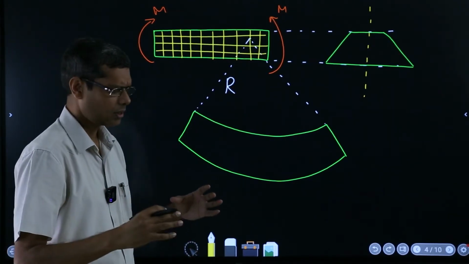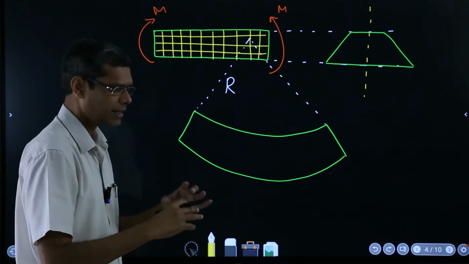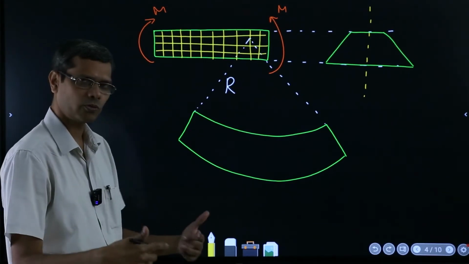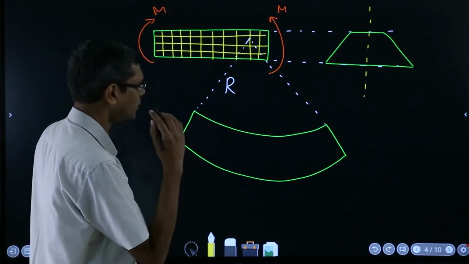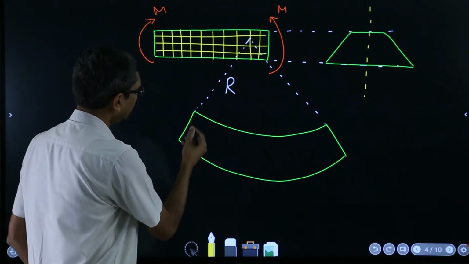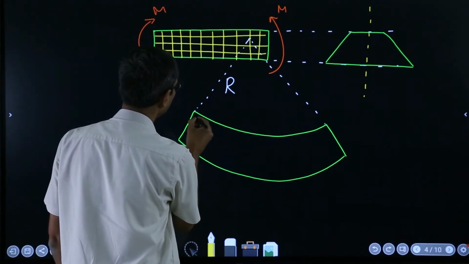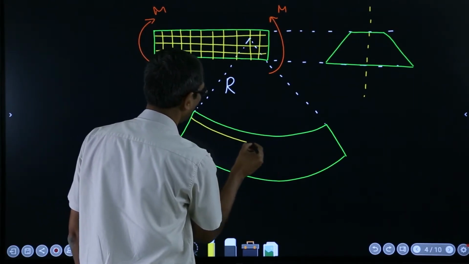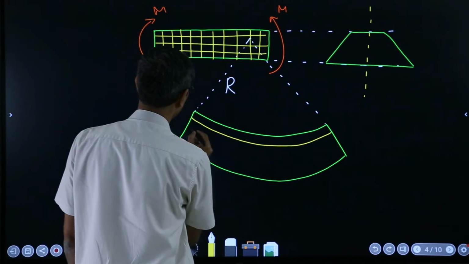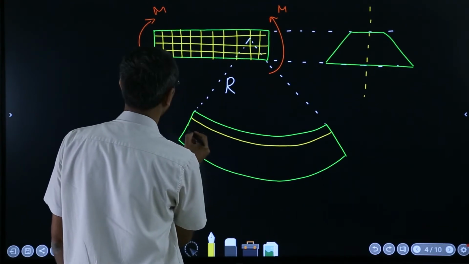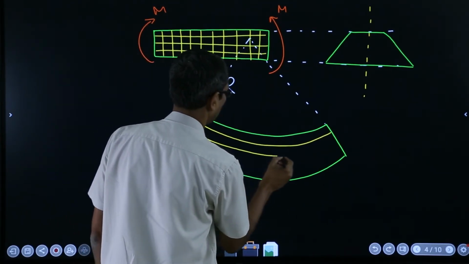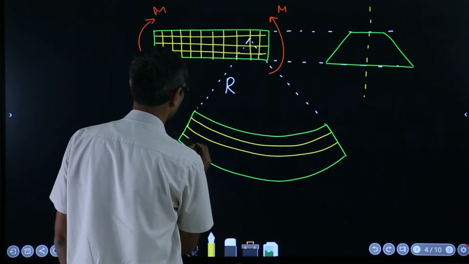Assume now for the sake of simplicity that it's a rectangular beam, okay, which will be true for the trapezium also, but it's easier to imagine for a rectangular one. Now once you bend this, what will happen is all these things will take the shape of circles. How many I had drawn? 3. Like that.